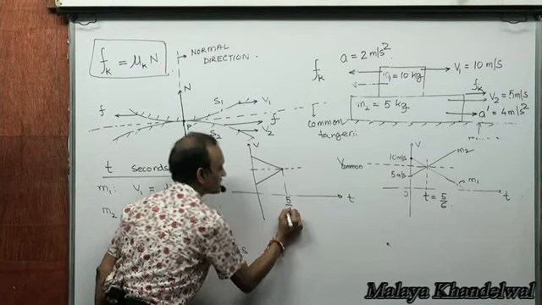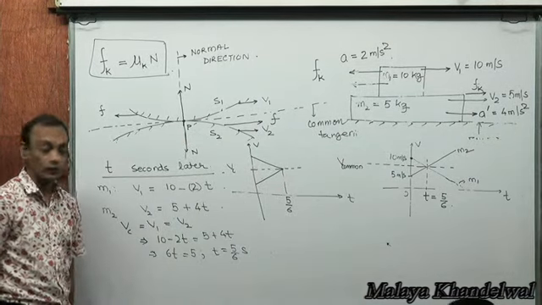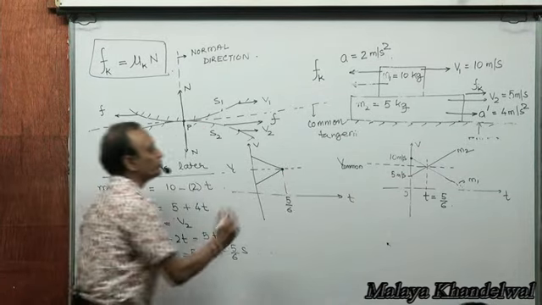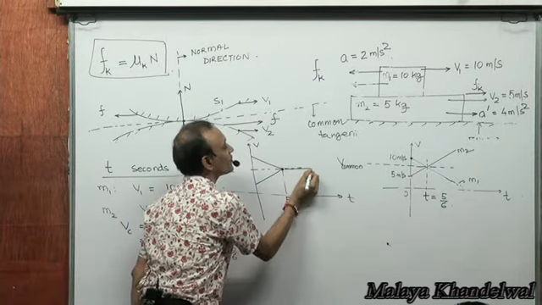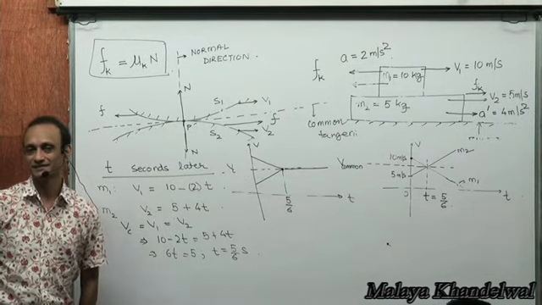V common is what they acquire. And then both m1 and m2 move with the common velocity ever after.